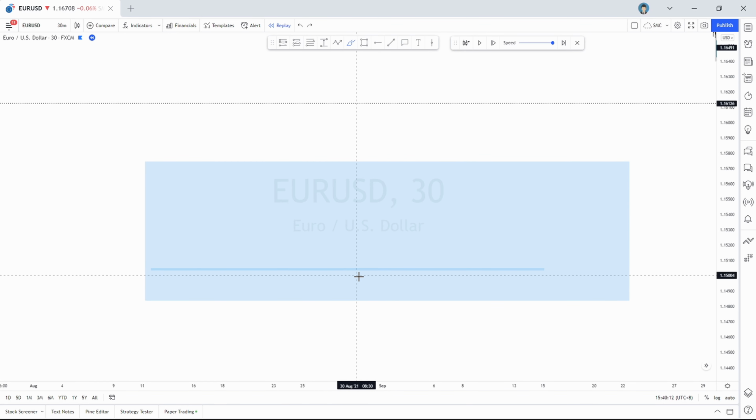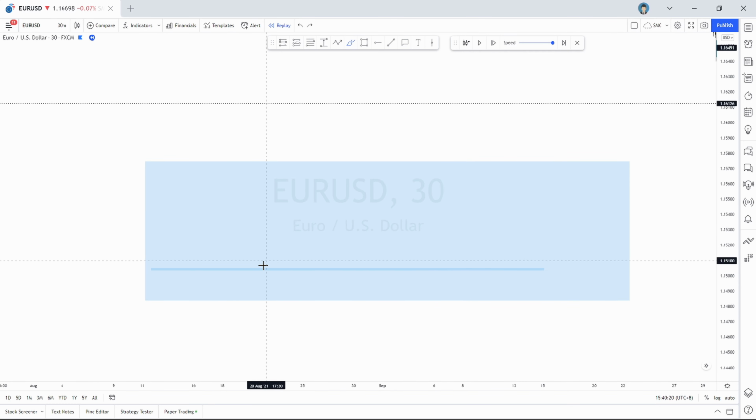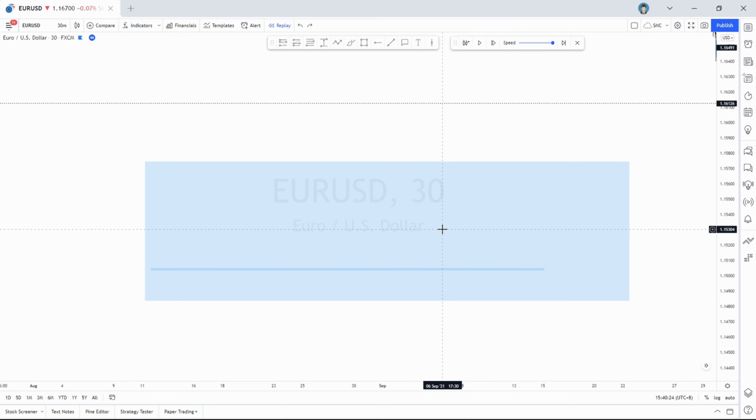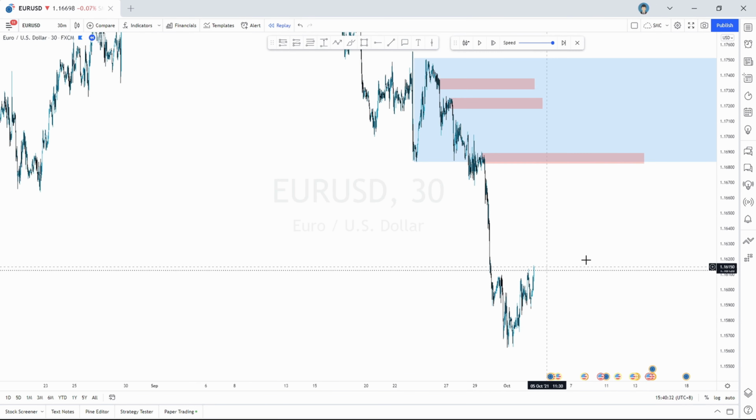But the reward is super huge since that is a super small zone with maybe a very tight stop loss. That could give you a really high risk to reward ratio. So it really depends on what type of trader you are, or what type of risk to reward you want.